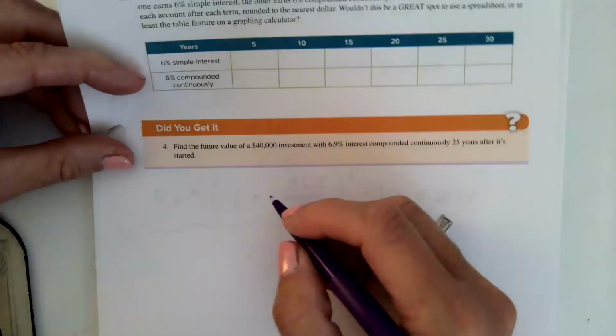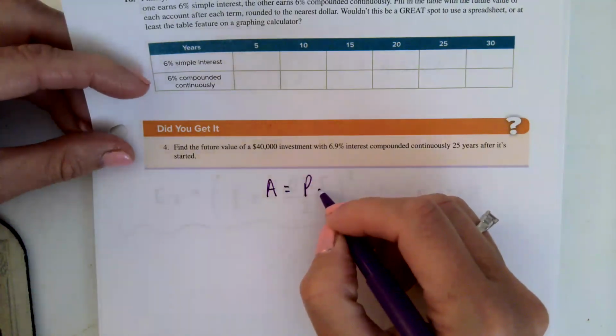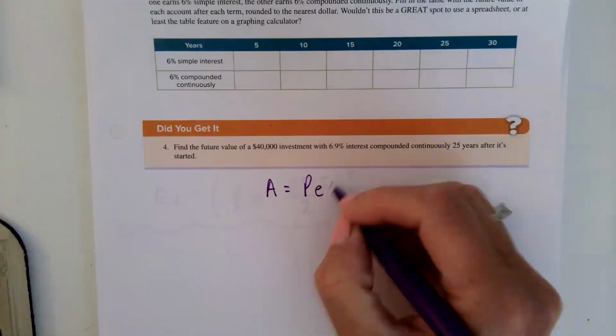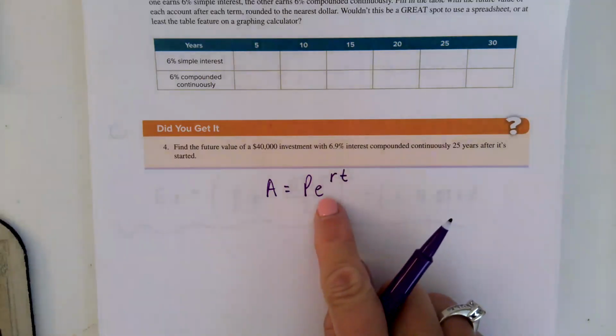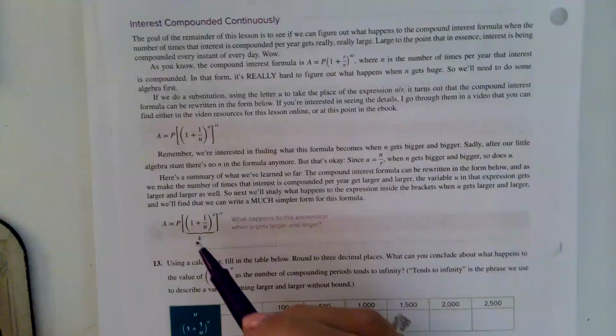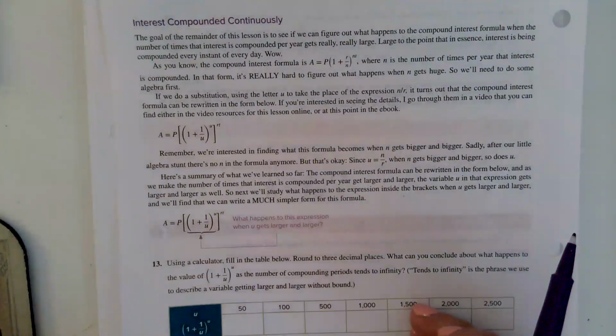That is A equals P times E to the RT. Where this E we learned is this continuously compounding piece right here.